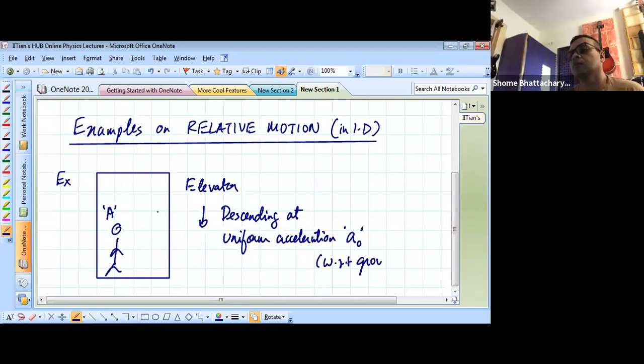So this is an elevator descending at a uniform acceleration. Also, you can see my diagram is considerably tall compared to the person's height. So you can think of it like a freight elevator or something like that.